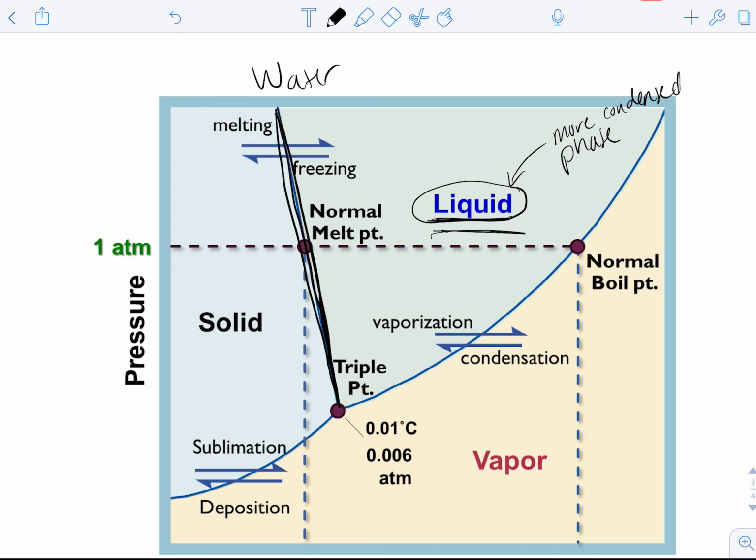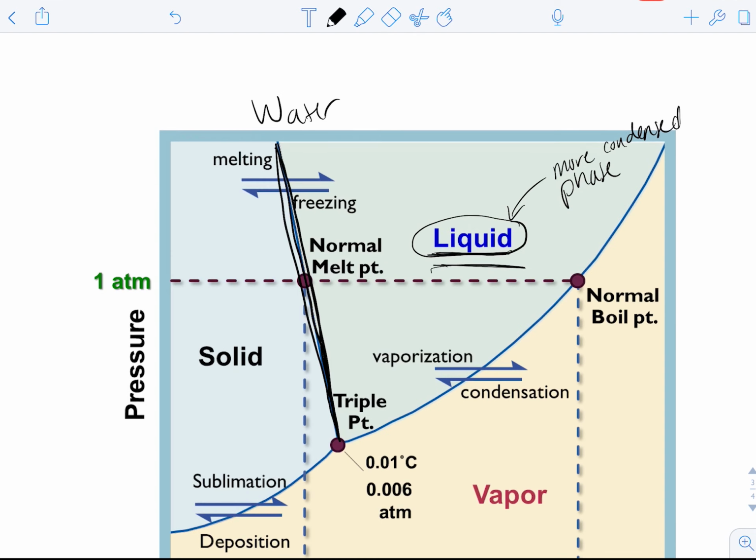But make sure with these that you can go ahead and label all your states of matter: solid, liquid, gas; that you can label your state changes: melting, freezing, sublimation, deposition, vaporization, condensation; that you can write your equilibrium lines between solid, liquid, solid, gas, liquid, gas, and that you know where your critical point is.